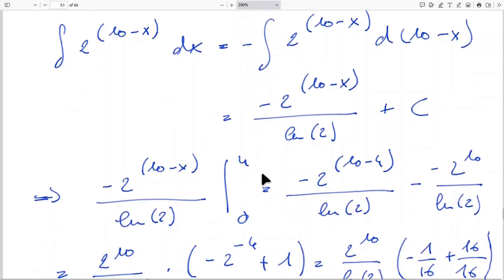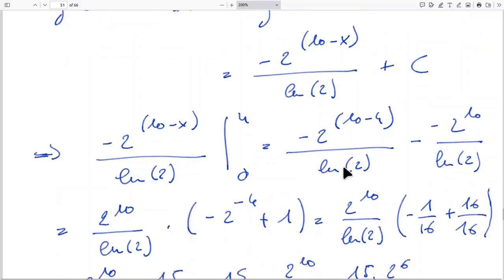Okay, so we have to evaluate this between 0 and a, which was 4. So minus 2 to the power of 10 minus x over ln 2 between 0 and 4 gives you minus 2 to the power 10 minus 4, and then minus 2 to the power of 10.